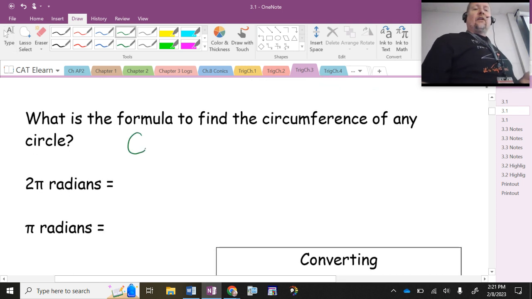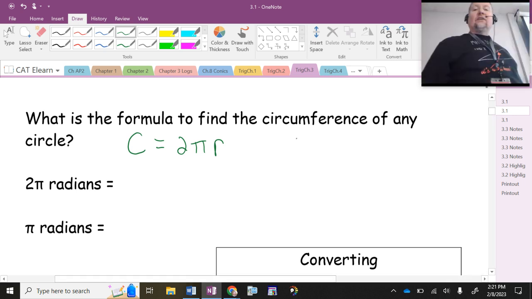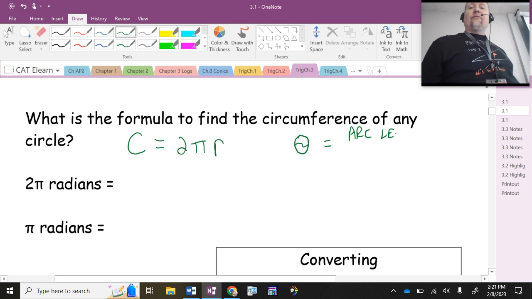And then this is 100% related to circumference, which was in the third video. How does one rotation equal 2 pi radians? Well, it's because a radian measure, theta, is found by arc length, which is how far you walk around the circle, divided by the radius.